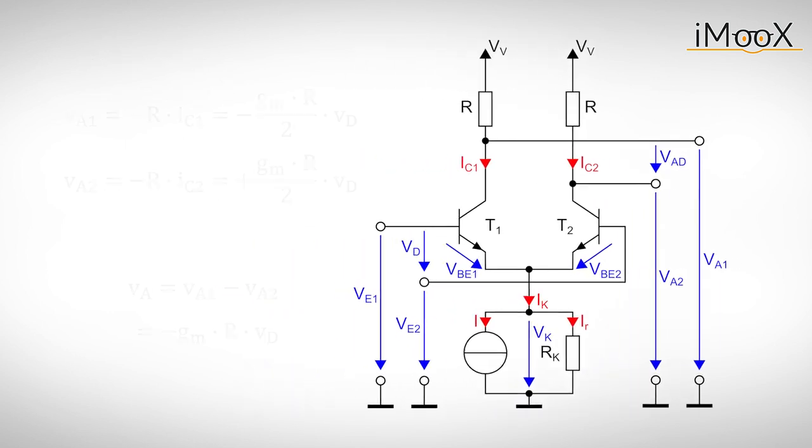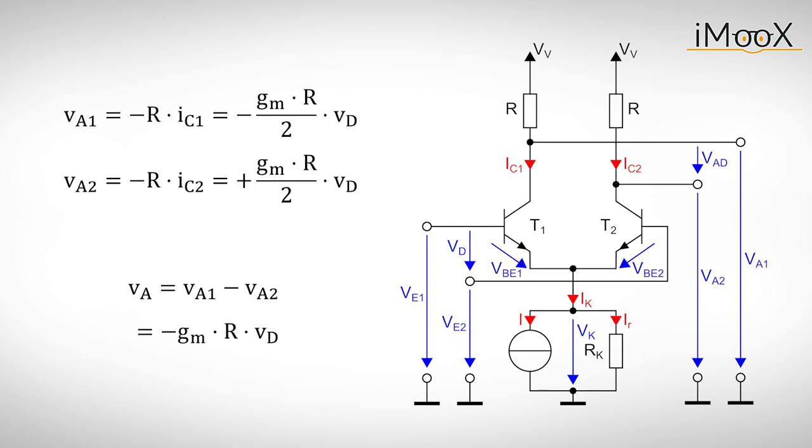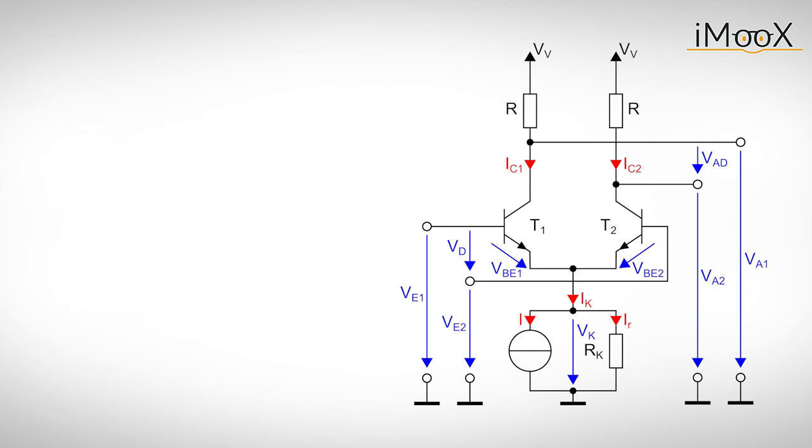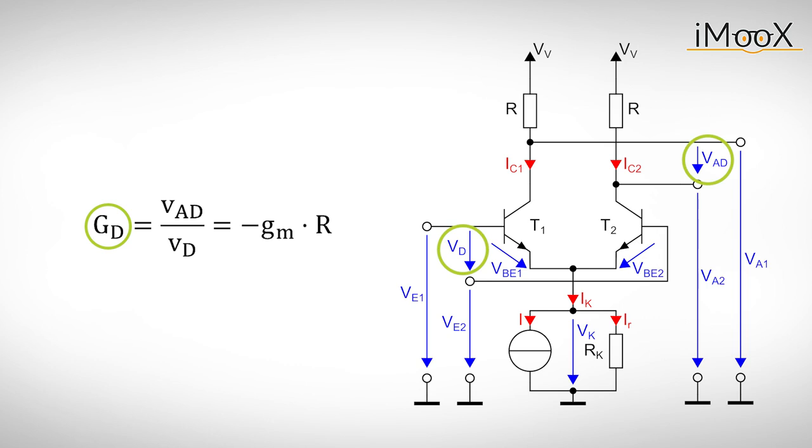A full differential amplifier uses both outputs, however. The differential mode output voltage is again the difference between the two outputs. This gives the differential mode gain GD. We want the differential amplifier with a very high differential mode gain to get a strong signal out of the difference between the two input signals.